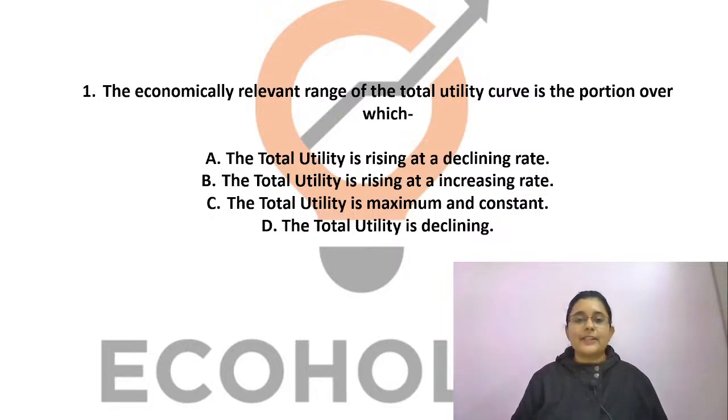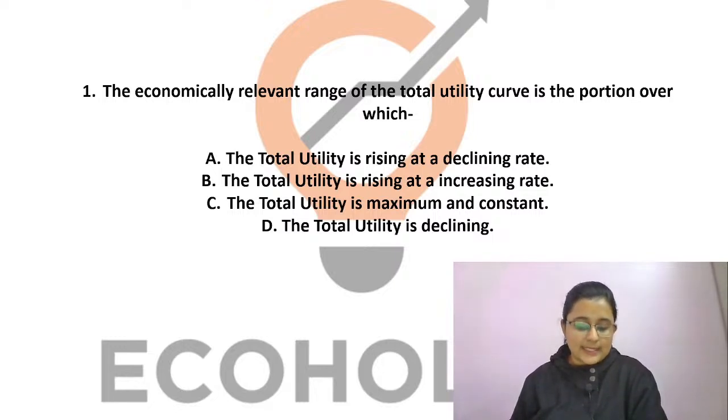The economically relevant range of the total utility curve is the portion over which the total utility is rising at a declining rate, the total utility is rising at an increasing rate, the total utility is maximum and constant, or the total utility is declining. What should be the right answer to this question?